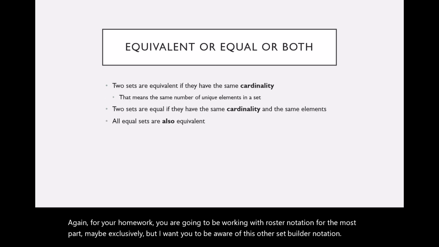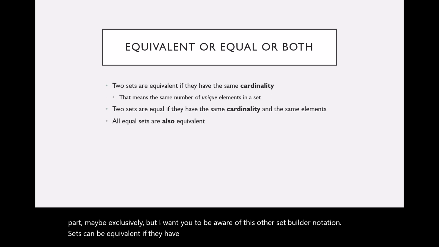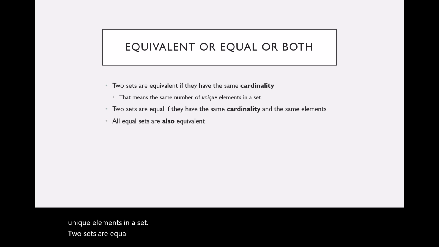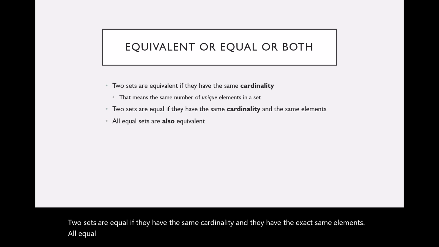Sets can be equivalent if they have the same cardinality, and that means the same number of unique elements in a set. Two sets are equal if they have the same cardinality and they have the exact same elements. All equal sets are also equivalent, but not all equivalent sets are equal.